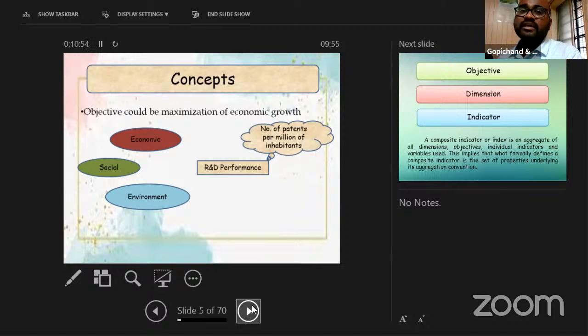One variable may be the number of patents per million inhabitants, and some other variable may be the number of research publications. Like that we can calculate a research and development performance indicator. Based on several indicators, the economic dimension will be formed, so that we will measure the objective based on that.